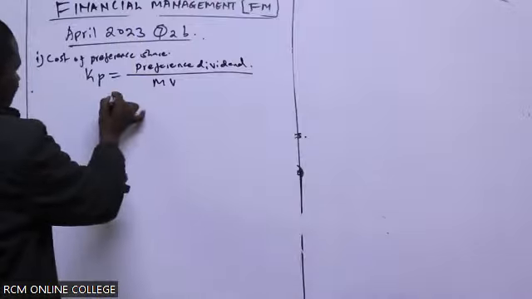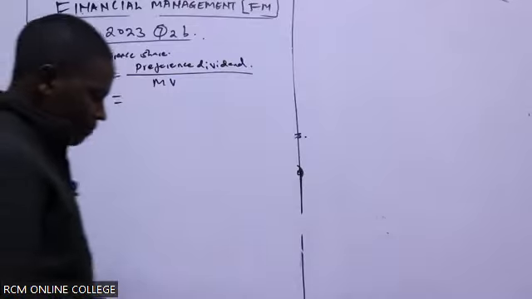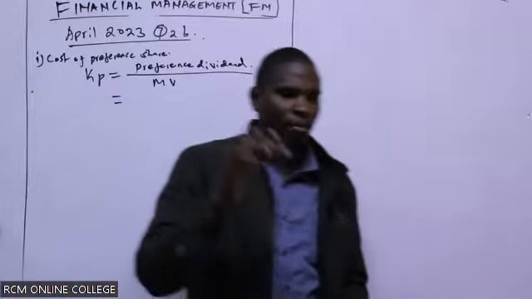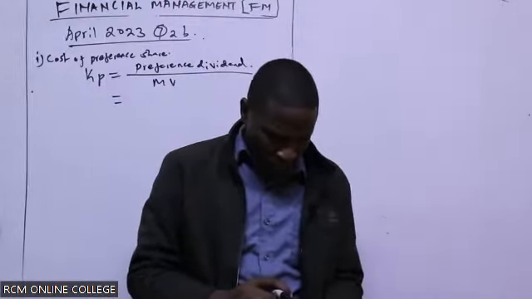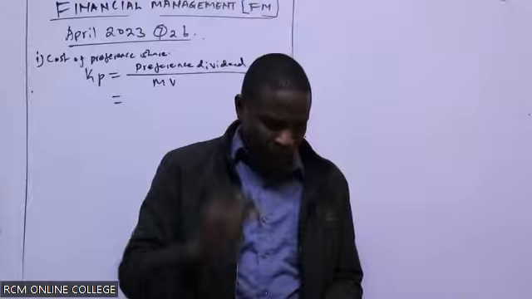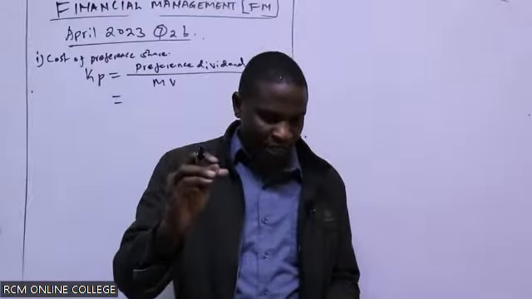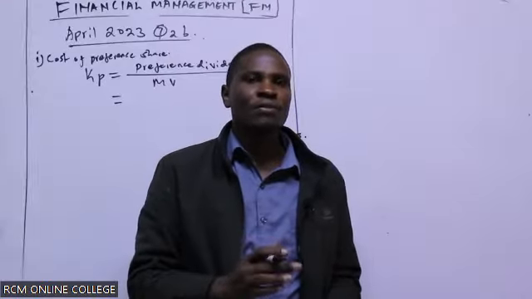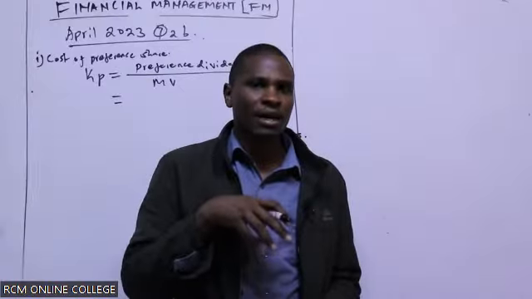Now, I just have to check. How do I get my preference dividend? I have to check the information talking about preference shares. So you just come here and check: 8% preference shares of how much? 100. Remember, for us to get preference dividend, it is just like how we get interest.